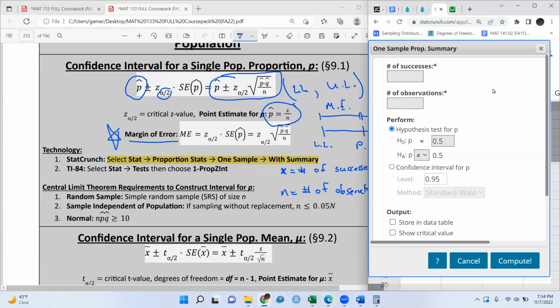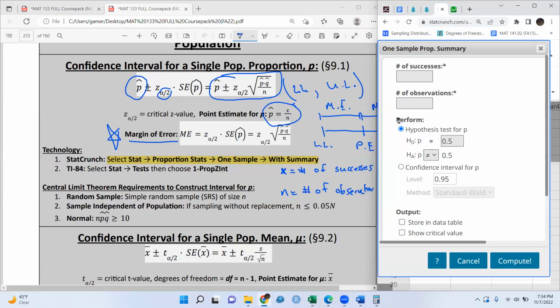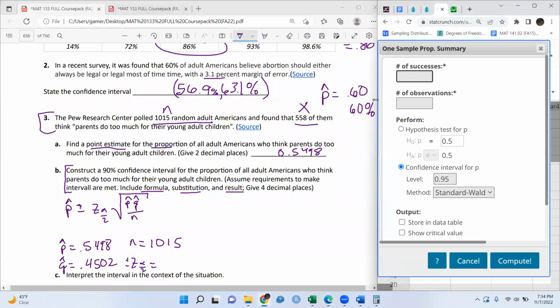It's going to be the same thing when we do hypothesis testing, by the way, because we have to decide what thing we're going to do, a hypothesis test or a confidence interval. So number of successes, that was the 558. Number of observations, that was the 1015. And then for the confidence interval, we have to make sure we read it.